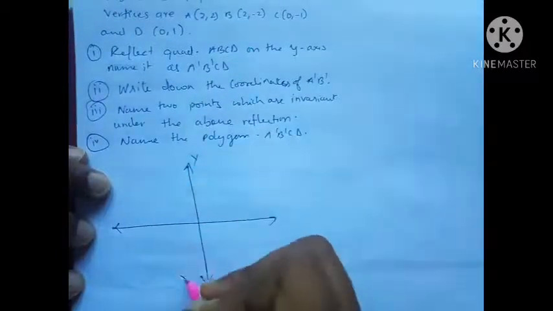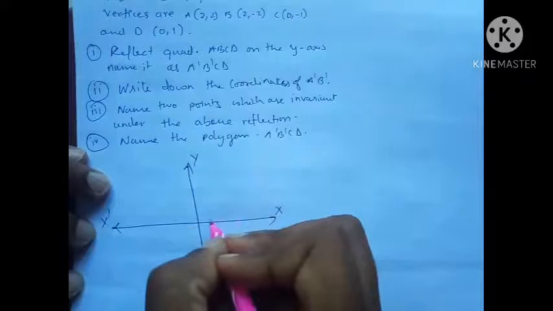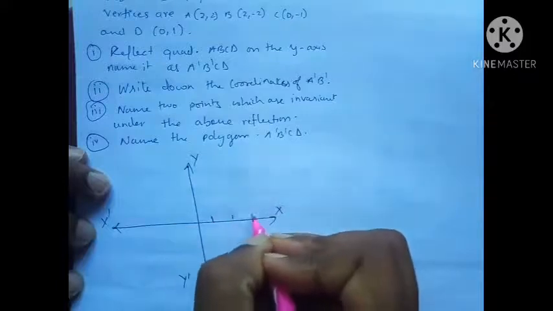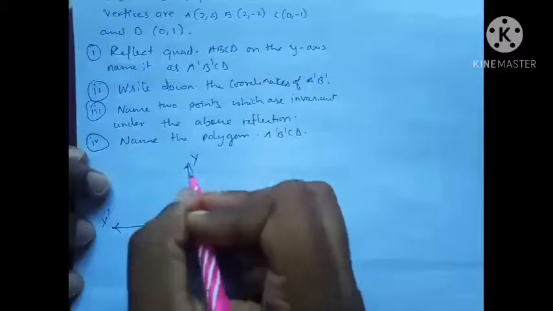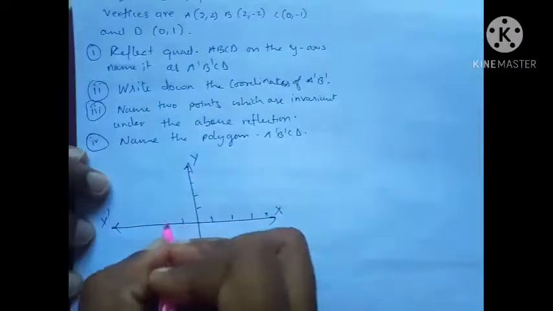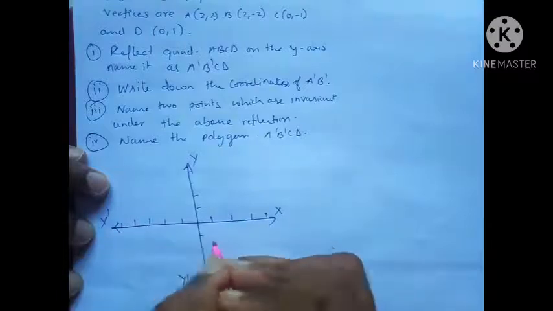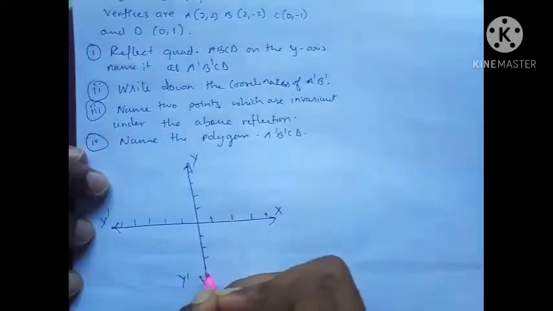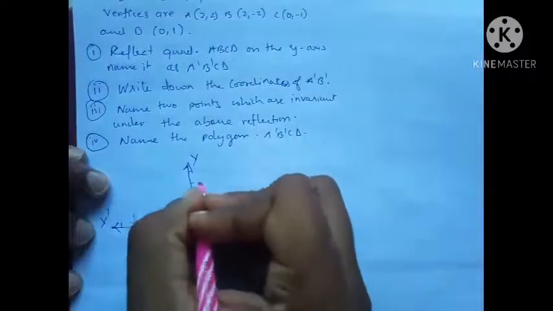This is y, this is the y-axis, y dash, x dash. This is 1 2 3 4, 1 2 3 4, -1 -2 -3 -4 -5, -1 -2 -3 -4, 1 2 3 4, 1 2 3 4.